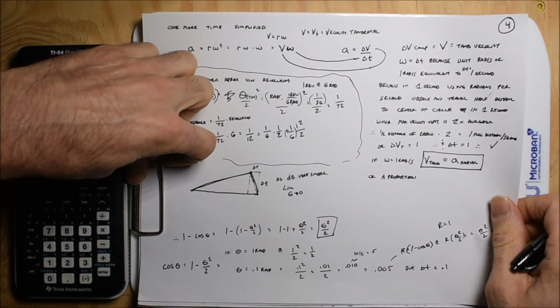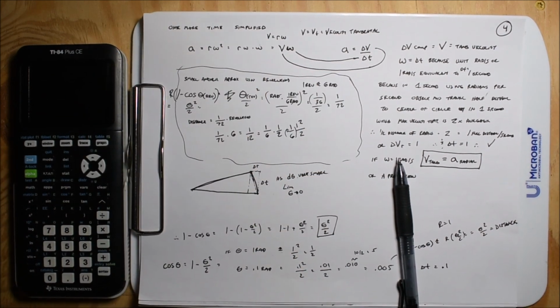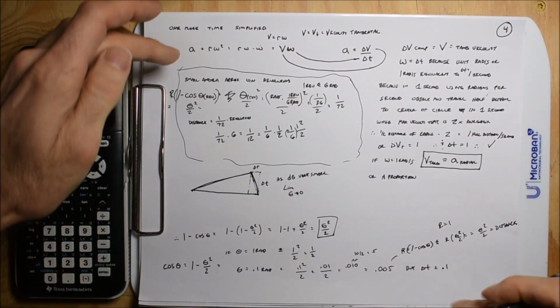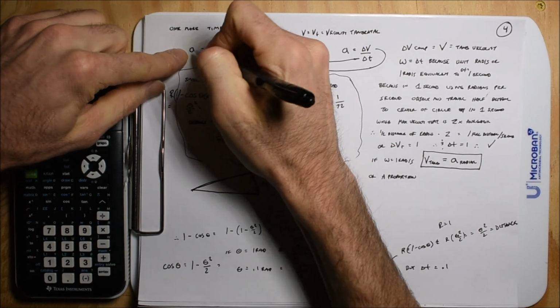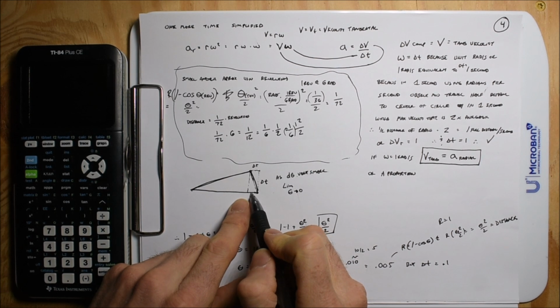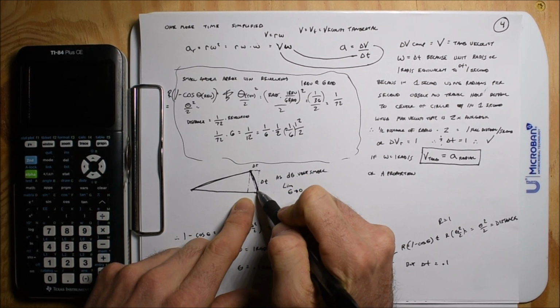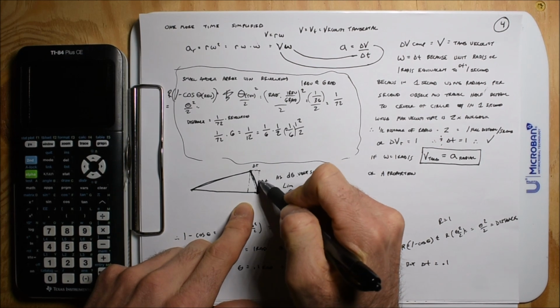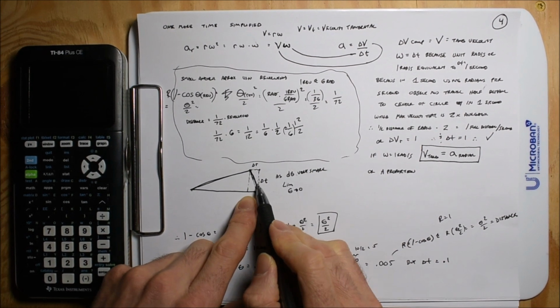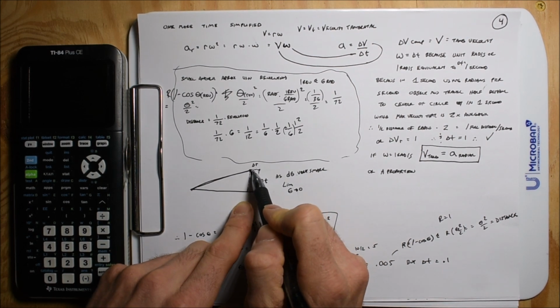Okay. So this page, one more time simplified. Let's do it. We're trying to prove that this acceleration towards the radius is due to this tangential velocity, but like we said, it's supposed to only go this way. So in 1 second, if we go up to here, also in that same second we went over here.